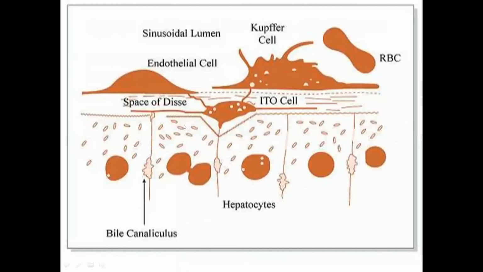Here you can see endothelial cells, Kupffer cells, RBCs, and the lumen of the sinusoids. This is the wall of the sinusoid. Here you can see the fenestrations through which chylomicrons and plasma easily percolate into this space. This space also contains Ito cells.